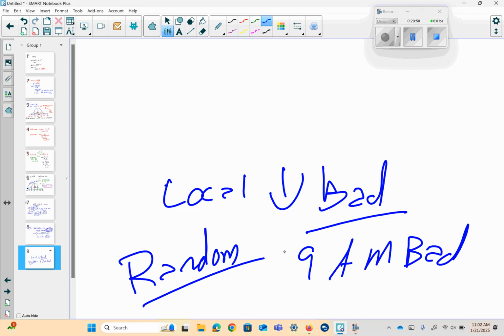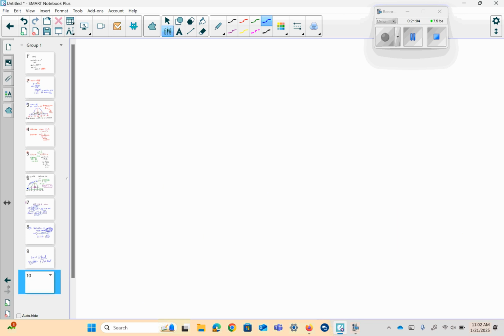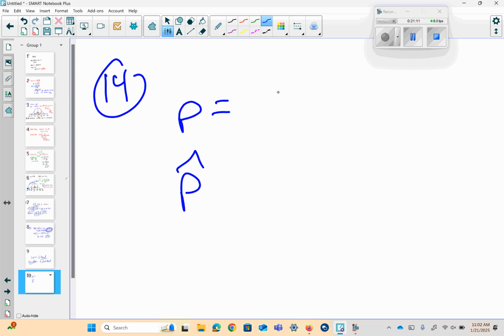And then it says, assume your random sample of 36 adults produces 10 seniors. Identify P and P hat. All right, so we want number 14. We want P and we want P hat. So P is 10 over 36. So 10 divided by 36 is... Wait a minute.